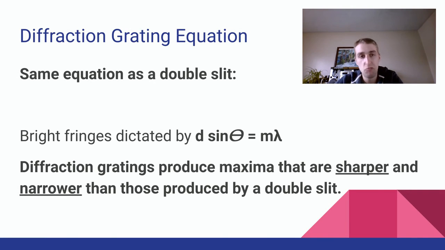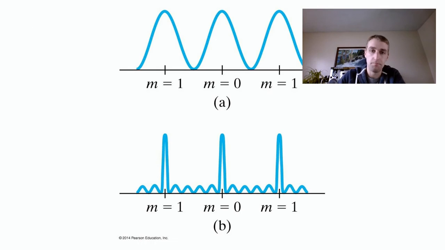But due to some math that we'll again skim over, you can read about it in the textbook if you like, the more slits you add gives you thinner, more clear peaks. You have the same-ish number of bright spots, but they are more well defined and they're thinner.